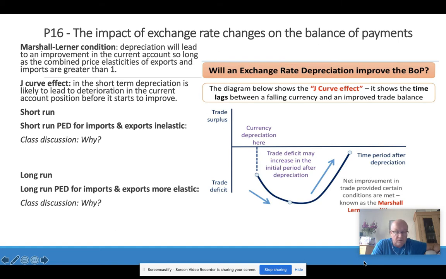Okay. So that's the fundamental principle, and obviously the balance of payments is really the difference between imports and exports. So if we can get more exports and less imports, that's going to mean that we're going to have a better position as far as the balance of payments is concerned.